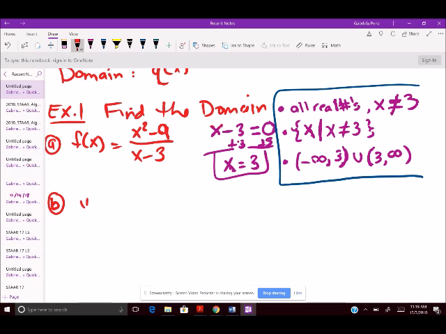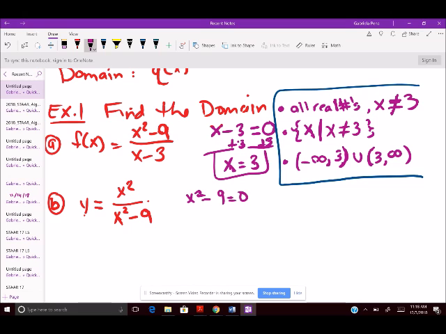Let's look at the next one. Y equals x squared over x squared minus 9. So if I am looking for the domain, what do I have to do? Set the bottom equal to 0. So I'm going to take x squared minus 9 equal to 0. But when I see x squared minus 9, can I factor that into 2 parentheses?